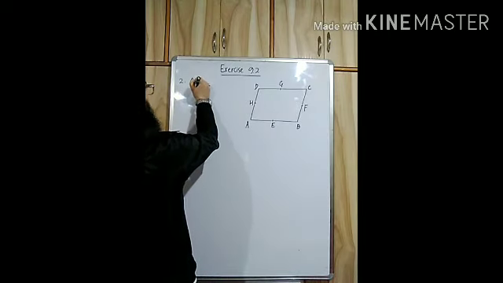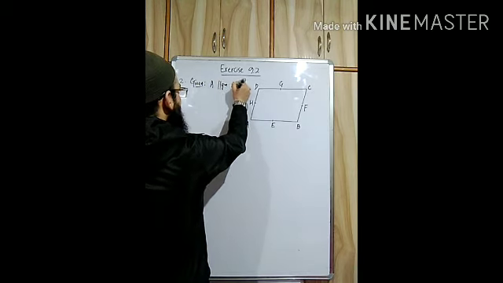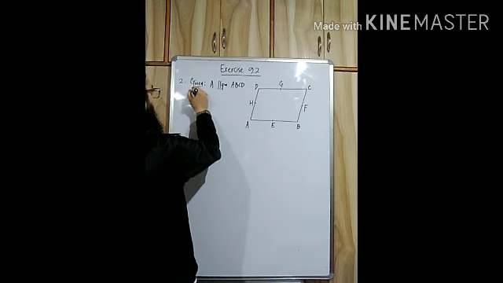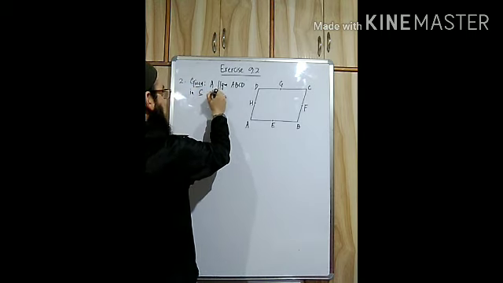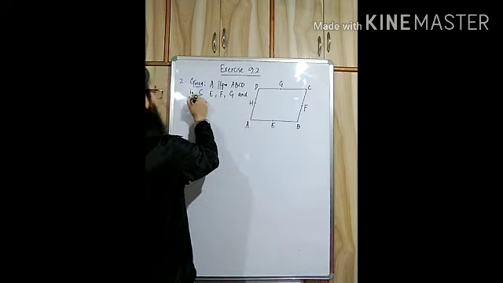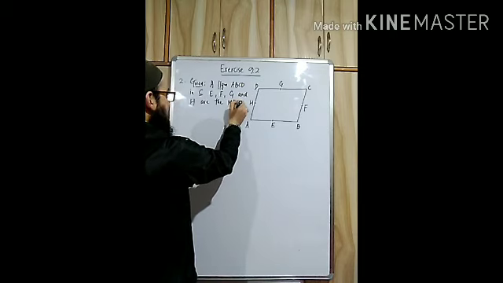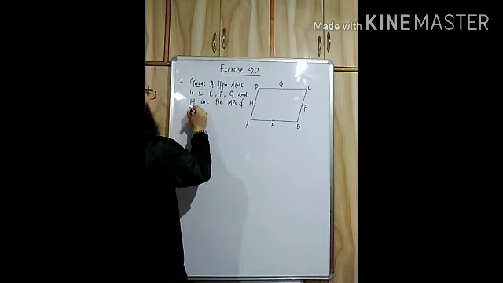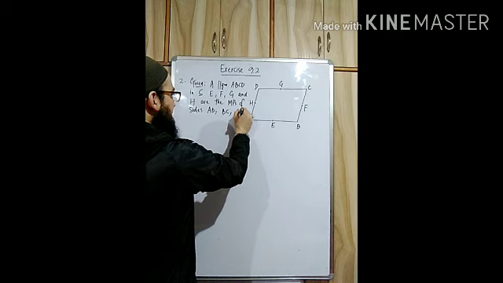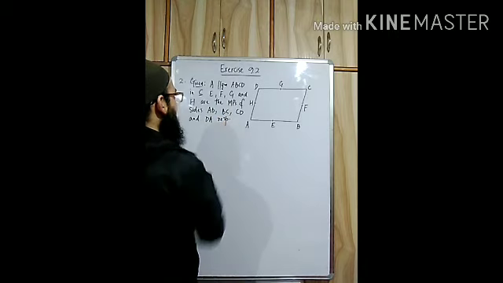So I write, given a parallelogram ABCD in which E, F, G, and H are the midpoints of sides AB, BC, CD, and DA respectively.